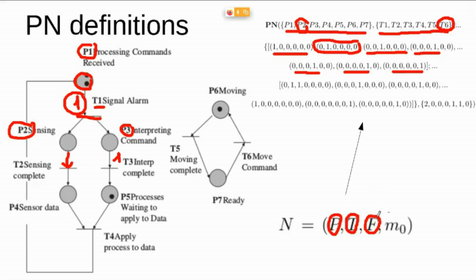Let's go now for the second part of the flows. The second part is to take a transition as the origin and a place as the target or the destination. So we are considering these arcs, the arcs that have a transition as the origin and a place as the destination.